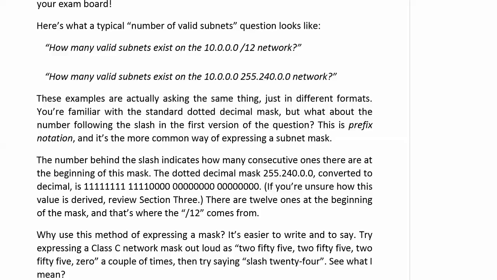You want to know prefix notation, how to convert prefix notation to a dotted decimal mask, and reverse that operation. And certainly on your CCNA exams and beyond, you should expect to see the mask expressed both ways. Because you could be asked a question, let's just throw this out there, what is the subnet that would do this? And it could say choose 2.